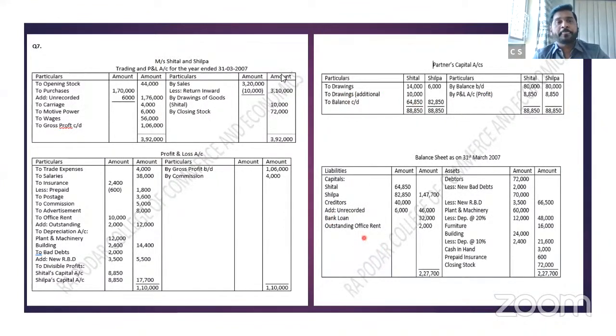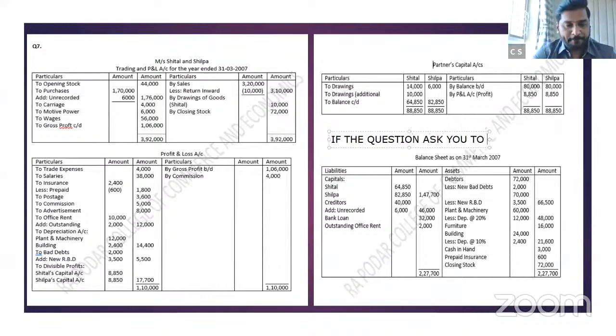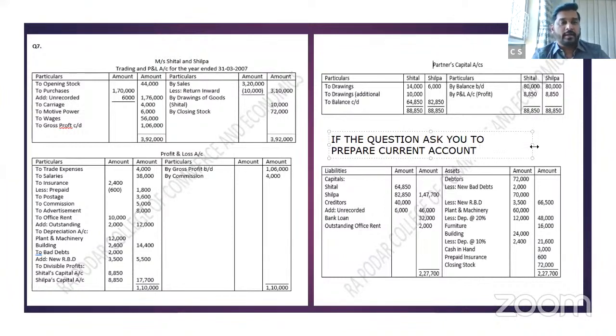But if the question has current account, if the question asks you to prepare current account, in that case, if the current account sum comes, you must prepare current account.